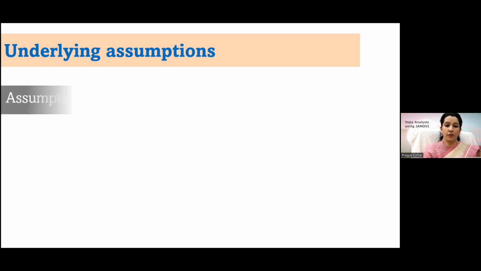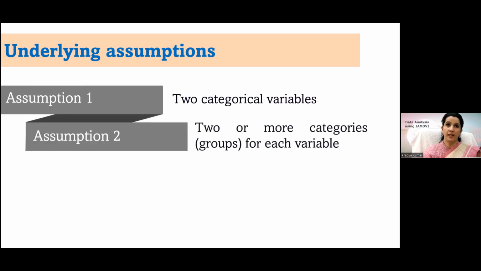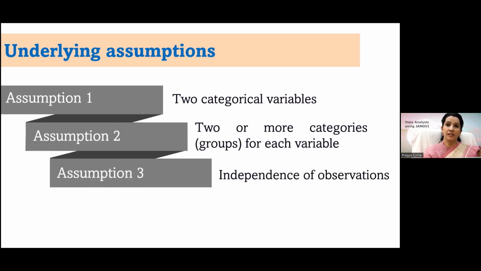If you go for this chi-square test of association, then the first assumption is that both variables should be categorical in nature. Second, there should be at least two categories for each variable. And the third is that there should be independence of observation. So what is independence of observation? This is an assumption which states that if you have counted one individual in one group, you will not count that individual in the other group.